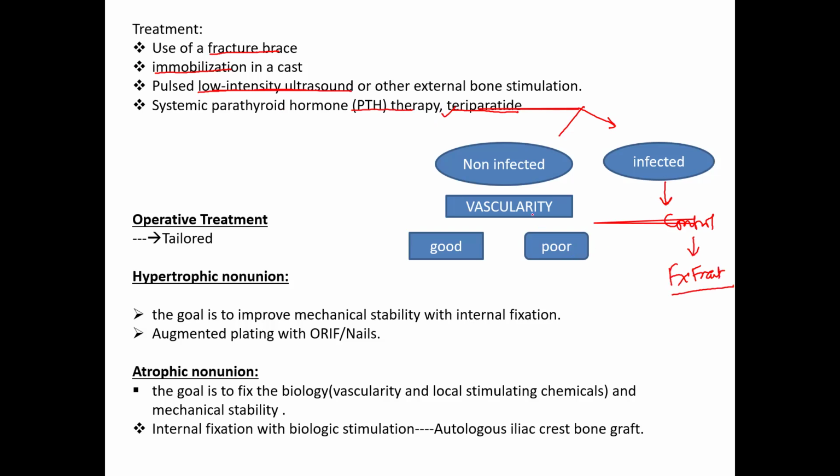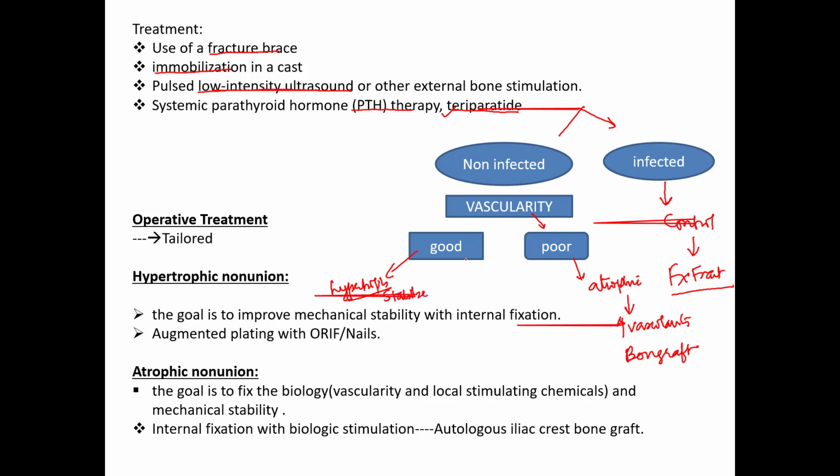When there is poor vascularity, the patient will have atrophic non-union. So in atrophic non-union, what are you supposed to do? We need to increase vascularity, and the bone ends are dead, so we need to put bone graft also. Whereas if vascularity is good, like in hypertrophic non-union, here what we need to do is stabilize the fracture.